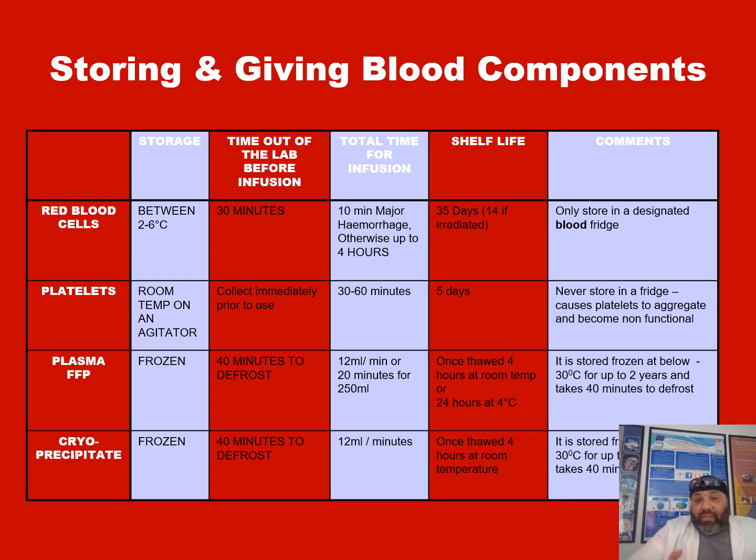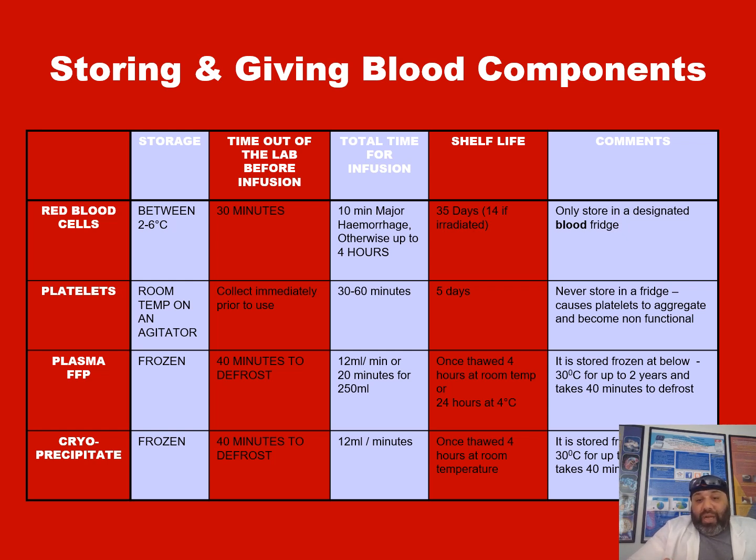However, that being said, the shelf life for these is that once they're thawed out, so once at room temperature after, let's say, 4 hours, because again these are blood components that are frozen, so it takes a number of hours to get them to room temperature.